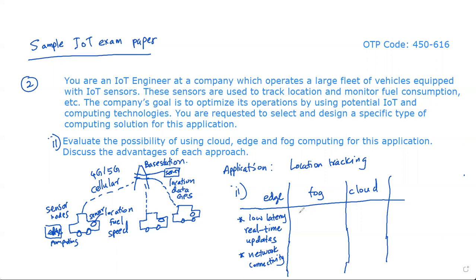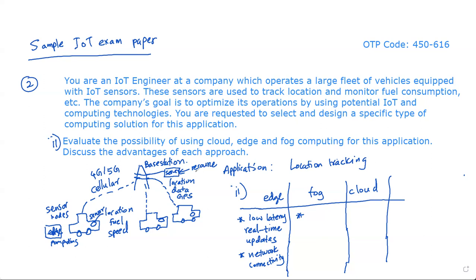So once we talk about fog computing, what do you think about the data processing ability compared with edge computing? When we talk about the edge server and edge computing, we normally assume that the resources available at the edge server are lesser than the resources available at the fog server and the cloud server.